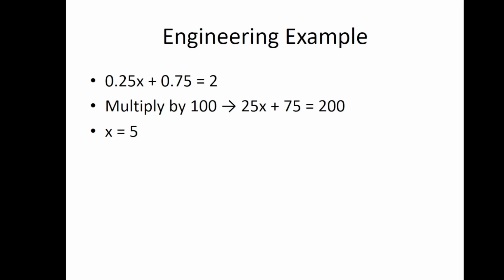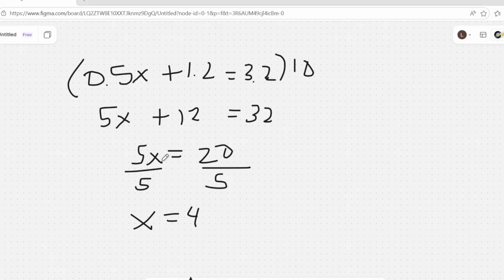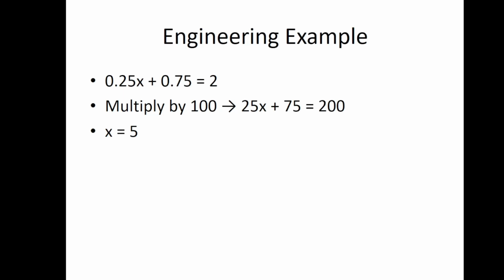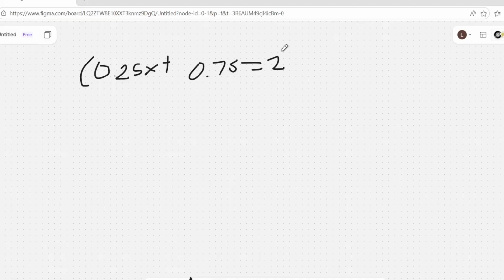And then 0.25x plus 0.75. The same rule applies. So let's just rewrite: 0.25x plus 0.75 is equal to 2. So multiply all sides by 100. This will move 2 decimal places since it is 100, so 2 zeros.